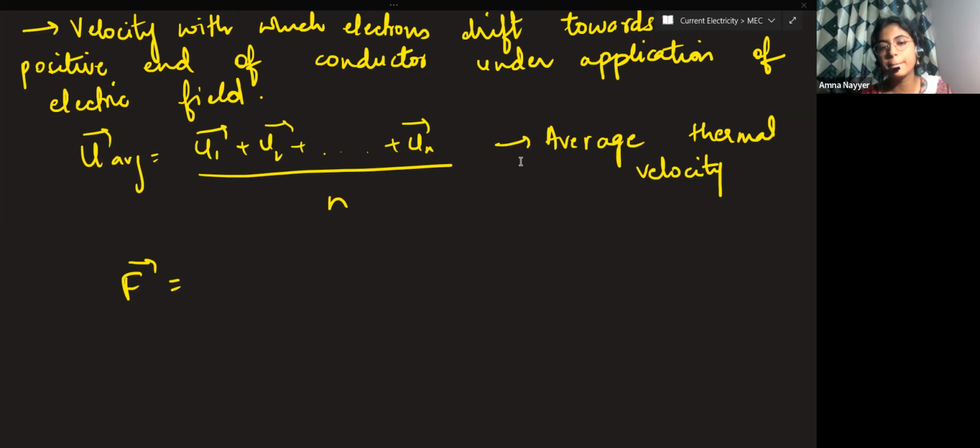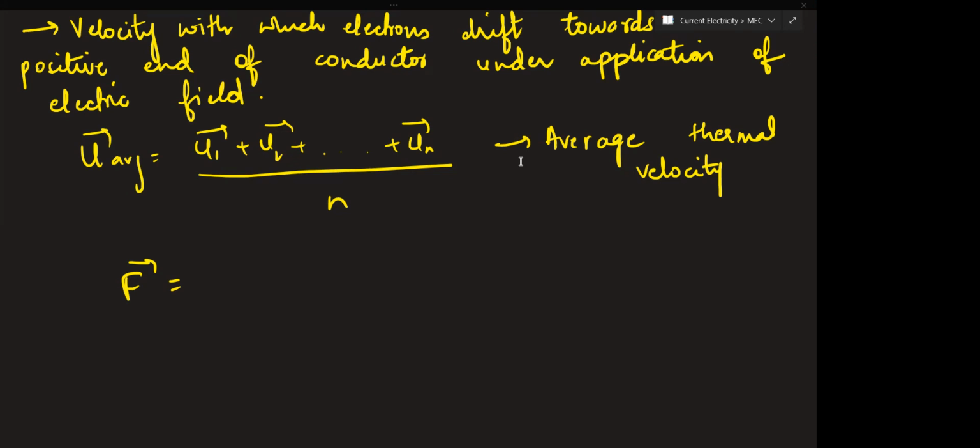Kulsum? Try to recall the definition of electric field, it was the force per unit charge. So force will be equal to what?